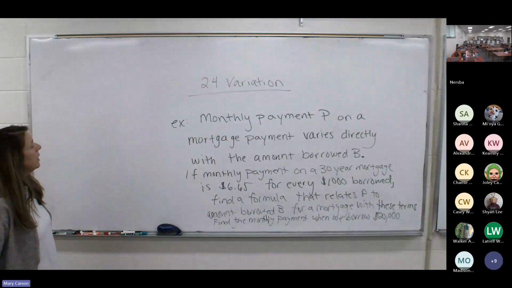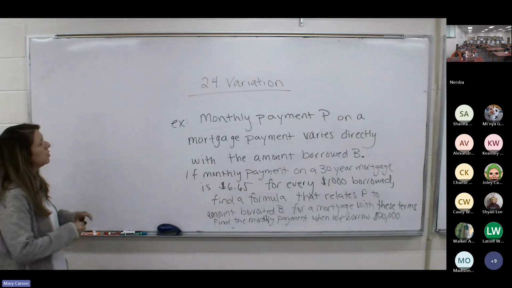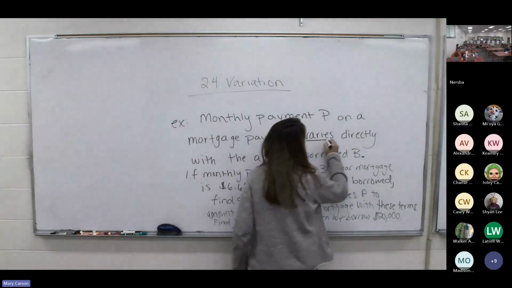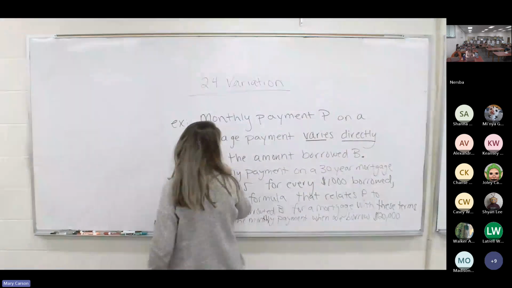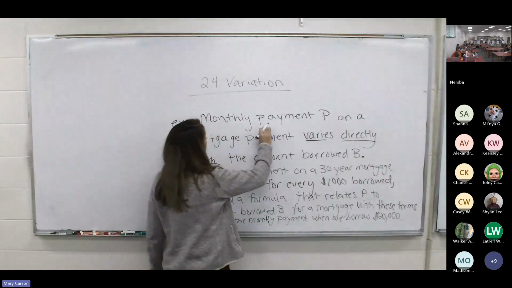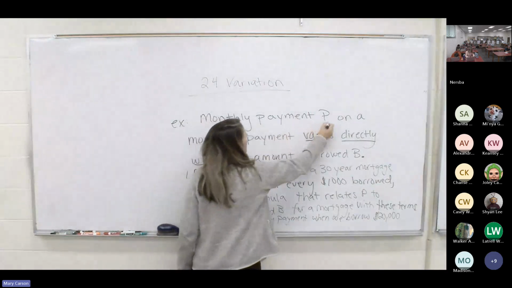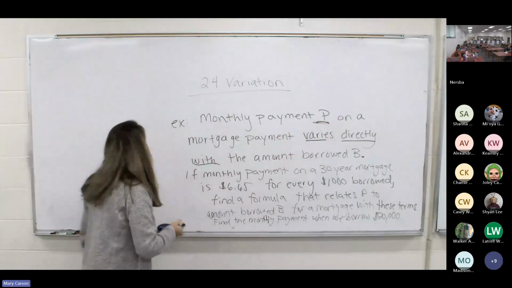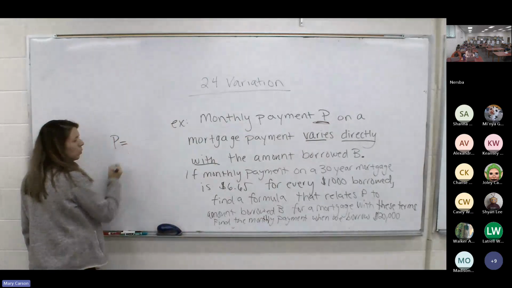All right, so the key thing from this is when you see the words varies directly, okay? We have our first variable. When you see monthly payment P, this is our first variable, so this is going to be P equals.